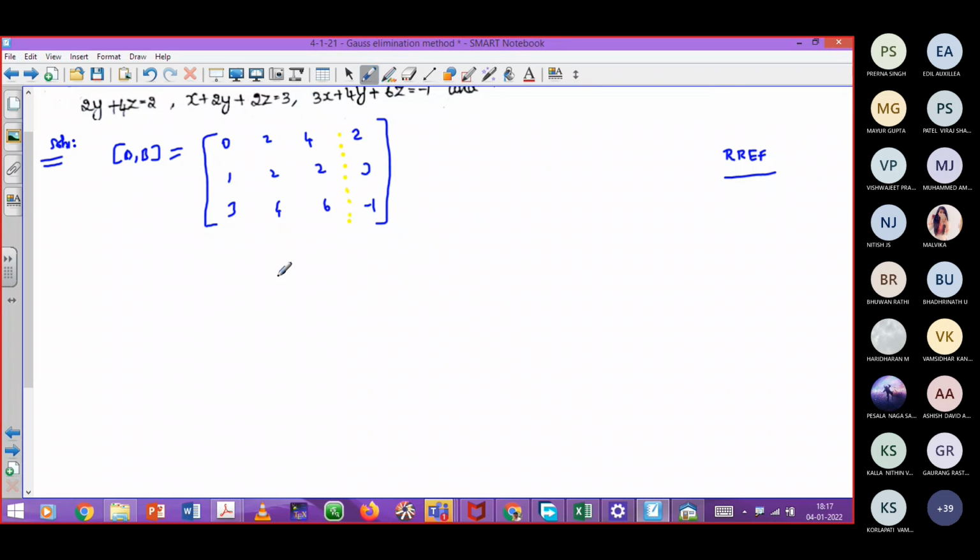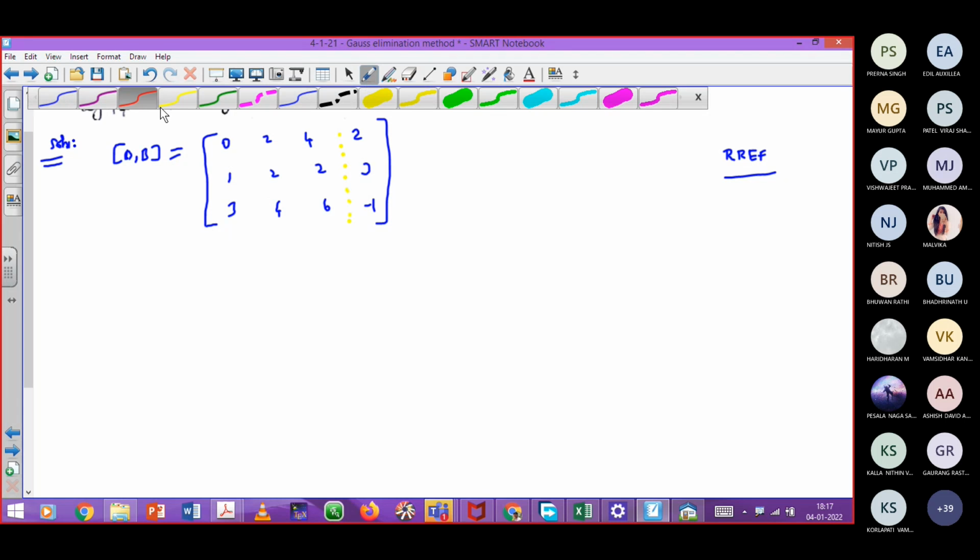So what is the process of reduced row echelon form? Keeping the first row, first column element fixed on the diagonal, the entries below it should be zeros. That means at least this part; let me use different colors: this one, this one, this one.